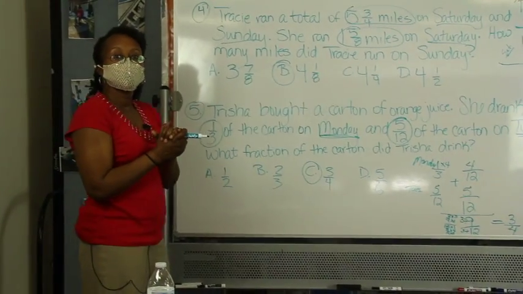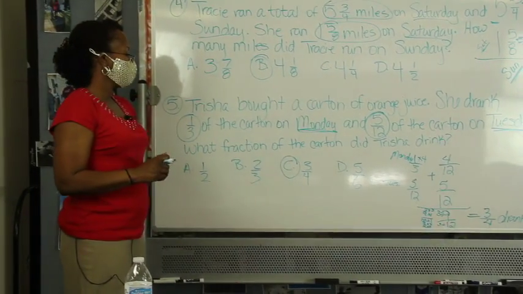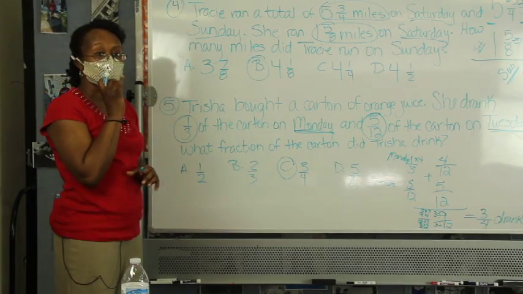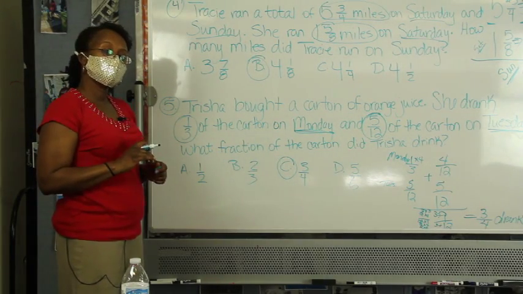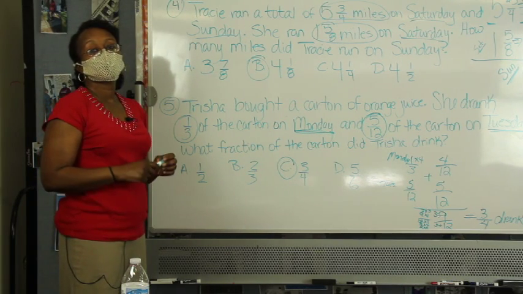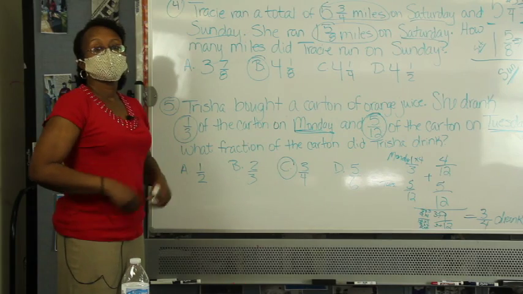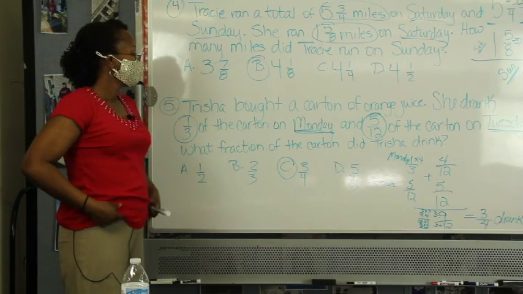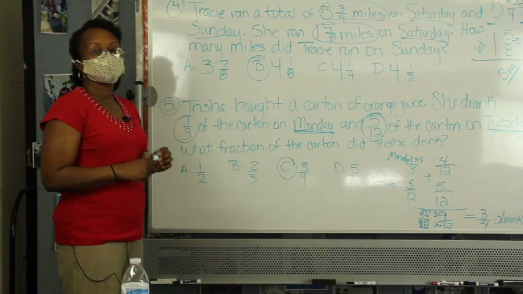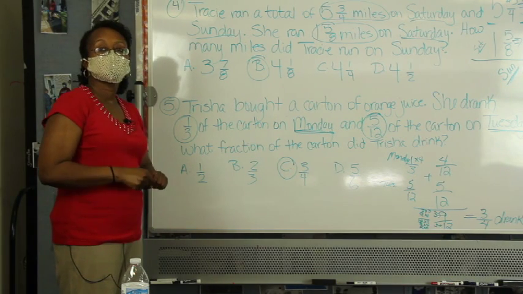So I hope that you were able to answer these with no problem. I hope you tried it by yourself before we did it together, just to see if you understood how you needed to solve the problem first, and then how to come up with the common denominators and how to simplify, okay?